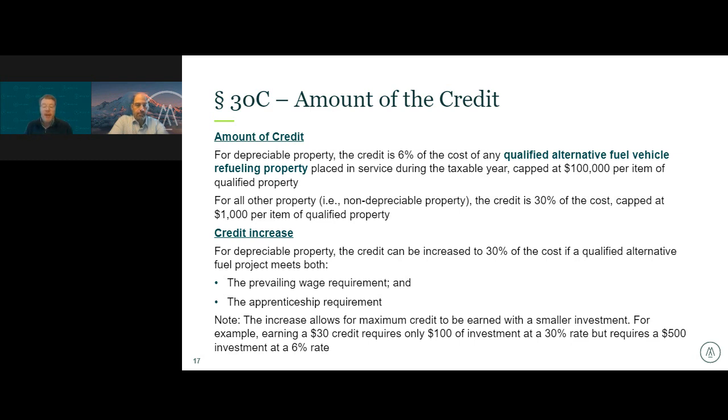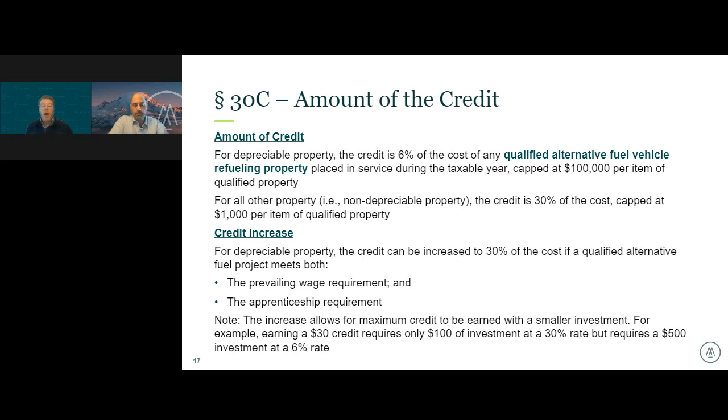What you do have to take into consideration, though, is in order to get there, in order to make this worthwhile, you would have to meet the prevailing wage and apprenticeship requirement. That's how you're going to go from that 6% up to the 30%. And we have an example down here, as Ben said, we like the example. So the increase allows for a maximum credit to be earned based off of a smaller investment.